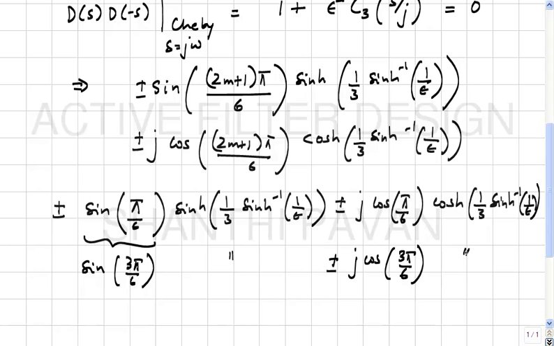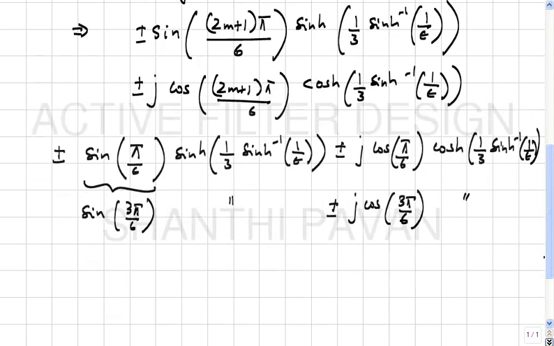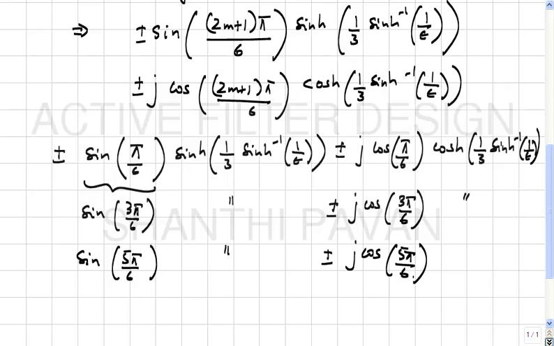This mirror image is because of D of s and D of minus s. And then you will also get sine 5 pi by 6 and so on. Obviously there will be many redundant roots, they all coincide.